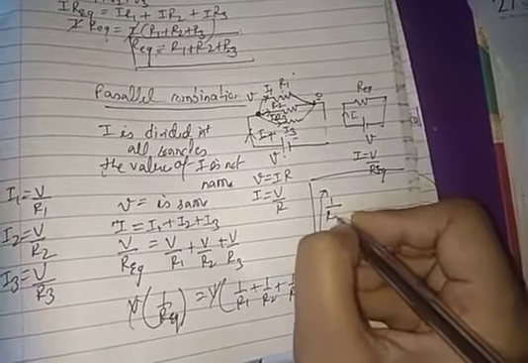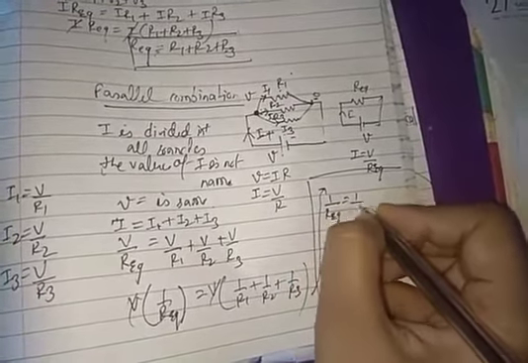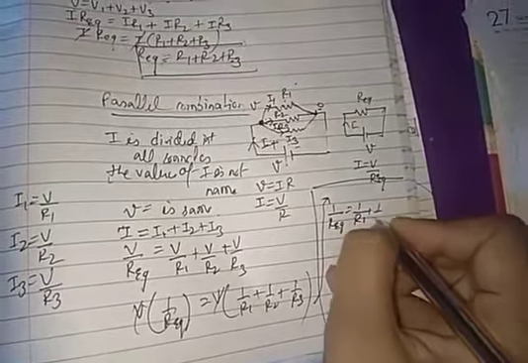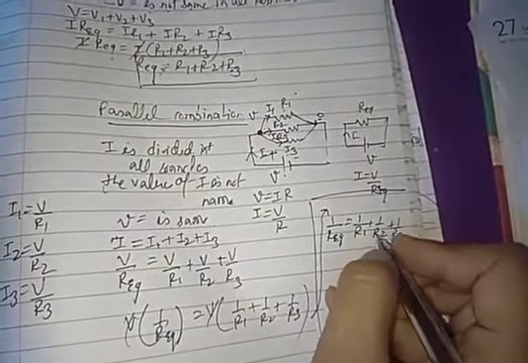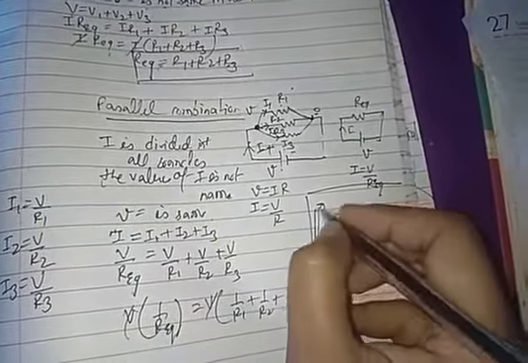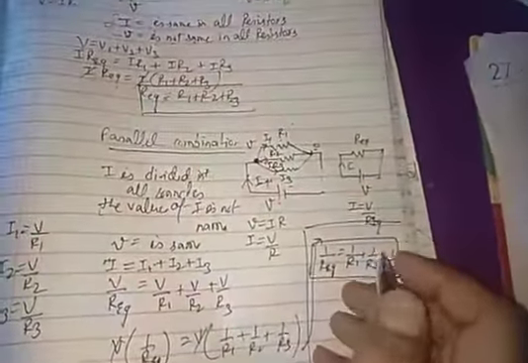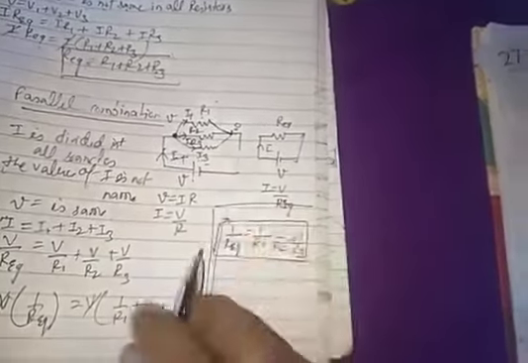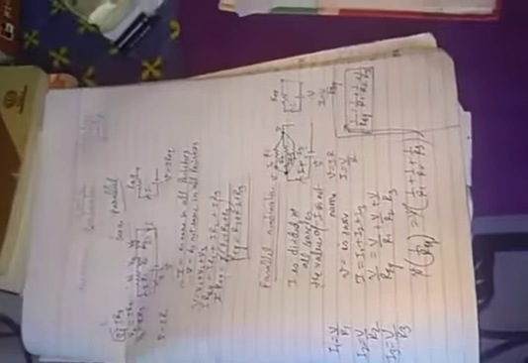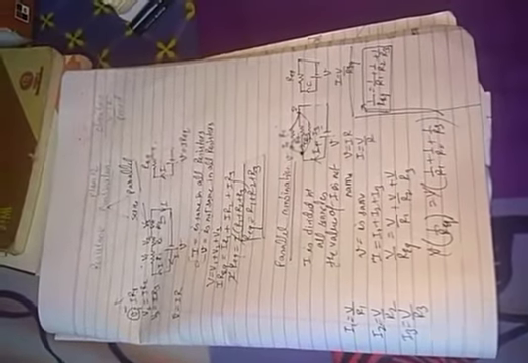The formula will be 1 by Req is equal to 1 by R1 plus 1 by R2 plus 1 by R3. So this will be your formula for the parallel combination, when resistors are connected in a parallel form. Now I am zooming this so you can write it down in your notes.